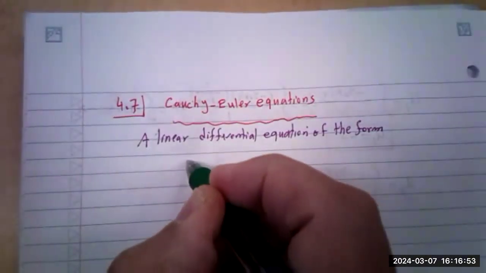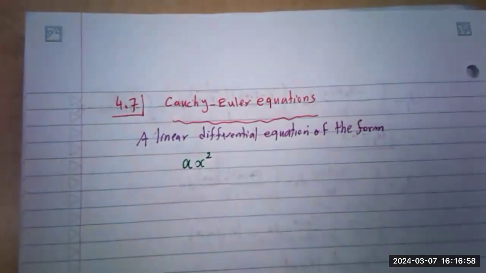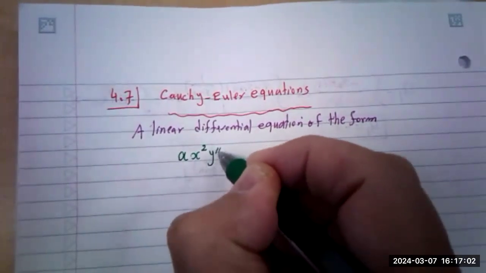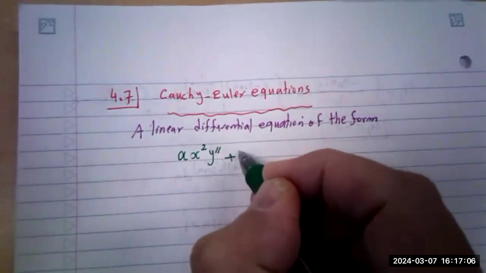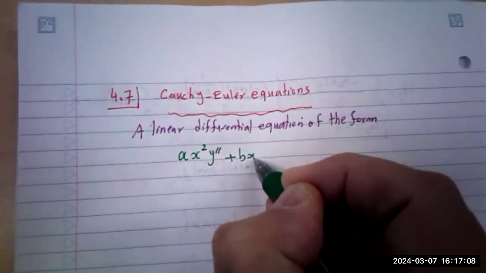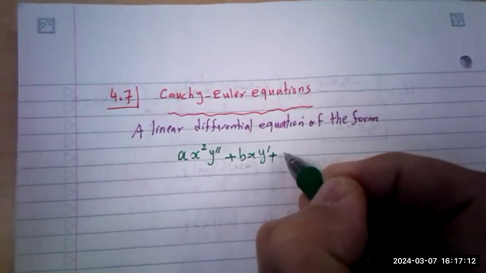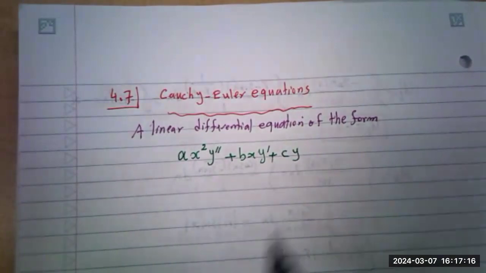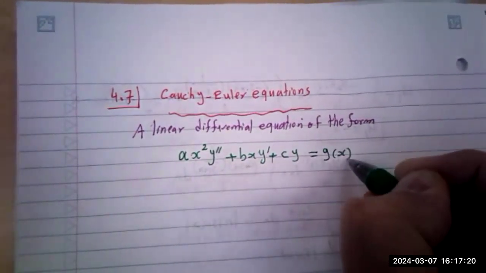It's going to be a constant, like a, times x squared, times y double prime, second order, plus a constant times x y prime, and then another constant c times y, and it's going to be equal to, let's say, g of x.